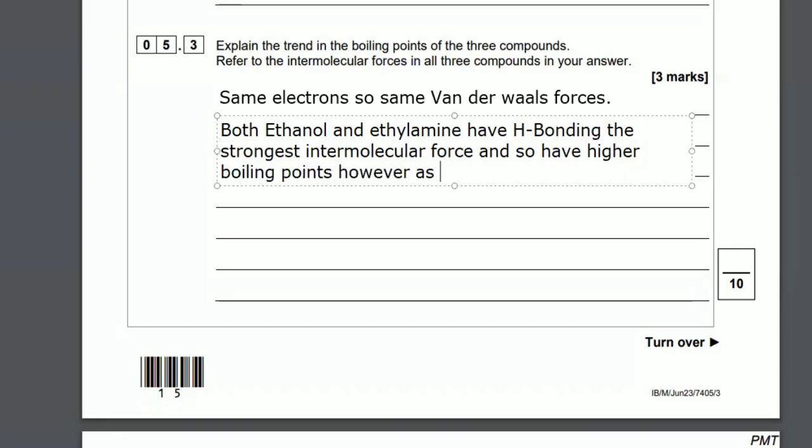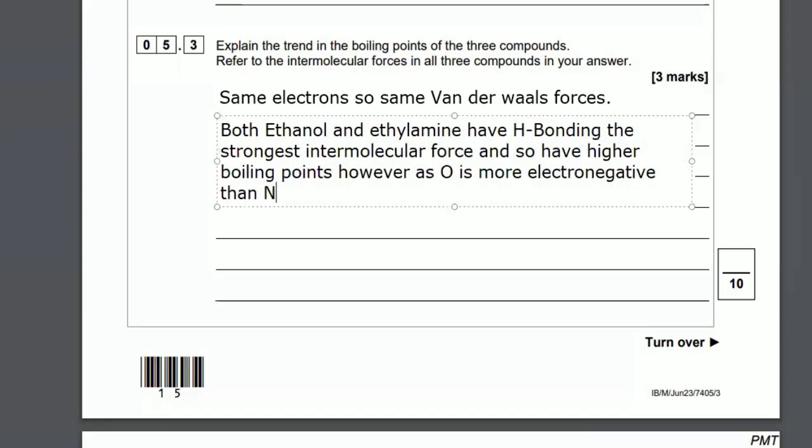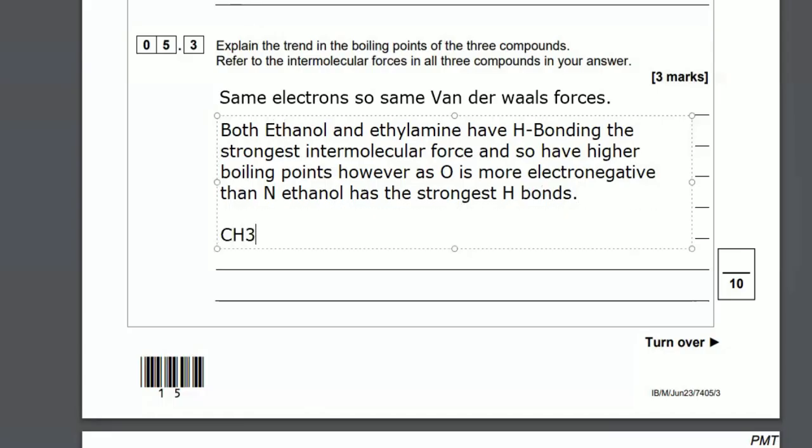However, as O is more electronegative than N, remember we said this in the last one, ethanol has the strongest H bonds. These two have got H bonds, but ethanol has the strongest ones because its H bonds are based on the OH bond.